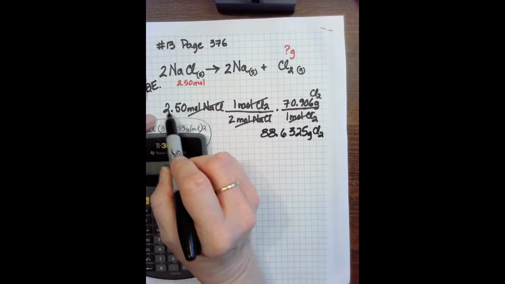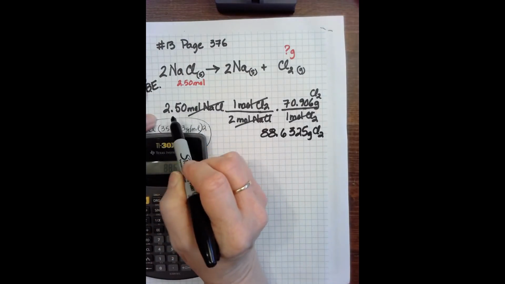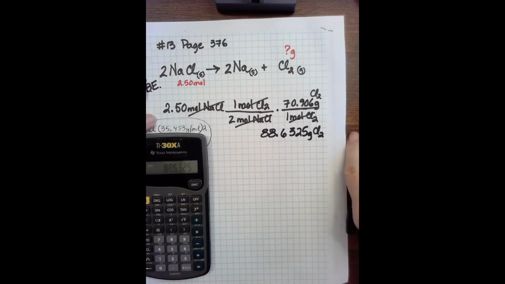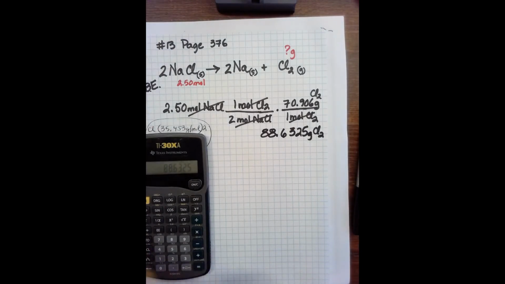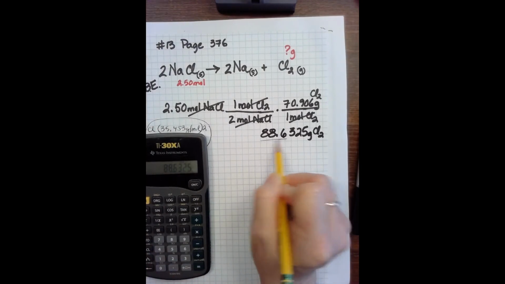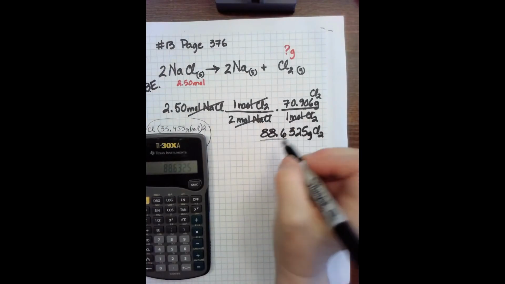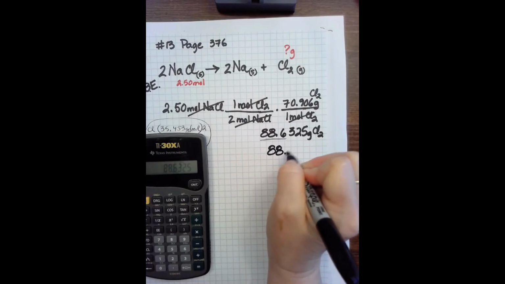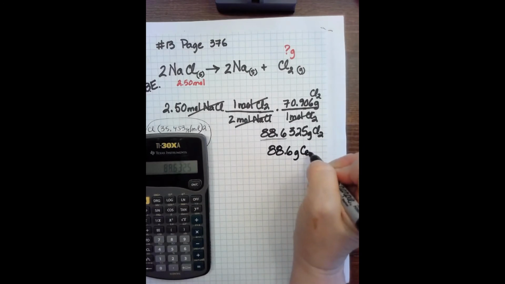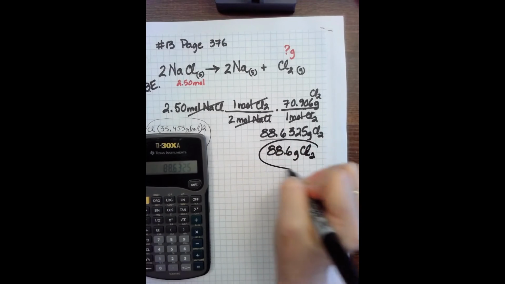I only have 3 sig figs in my original piece of data, so I can only have 3 sig figs here. So I'm going to look 1, 2, 3. Does this number make this round up? It does not. So 88.6 grams of Cl2. Now, that's the final answer.